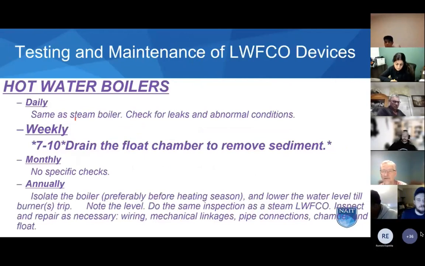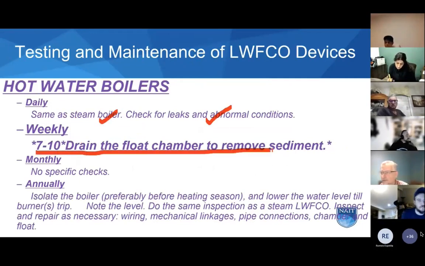And if it's a hot water boiler, daily is sort of the same as a steam boiler: check all the normal stuff. Pay attention to sounds and noises. Weekly, drain the float chamber to remove sediment. Nothing specific for monthly. If you're doing all the checks every day and every week, you should be good per month, and then more stuff every year.